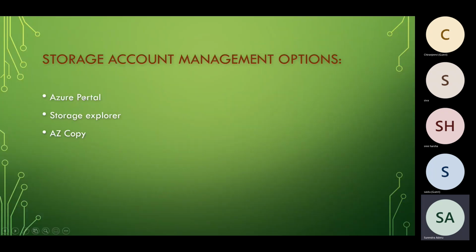One is the Azure portal, the one we are using, for uploading, downloading, managing, and everything. Storage Explorer is dedicated to dealing only with Azure storage accounts. It is centralized management. If you have 100 different subscriptions and 1,000 different storage accounts, and you want to see them in a single window, move the data, and manage the storage accounts, Storage Explorer will be used.